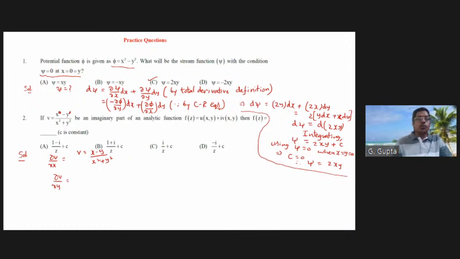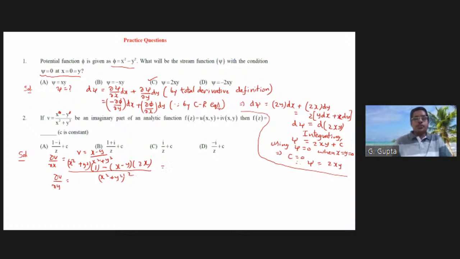So dou v by dou x, using the quotient rule: x square plus y square into the derivative of x minus y with respect to x, which is 1, minus x minus y into the derivative of x square plus y square with respect to x, which is 2x, divided by x square plus y square whole square.